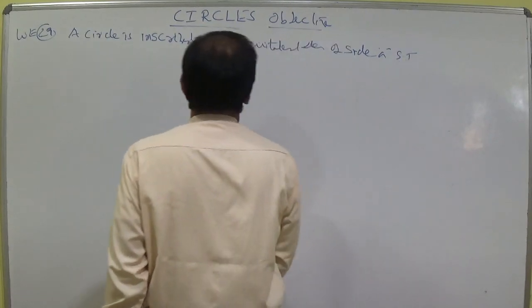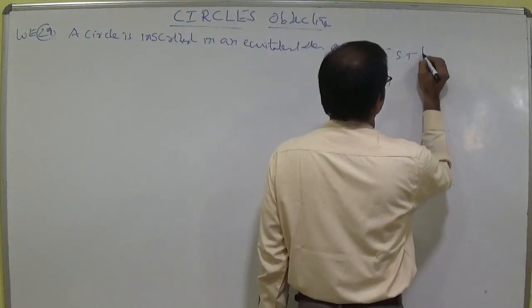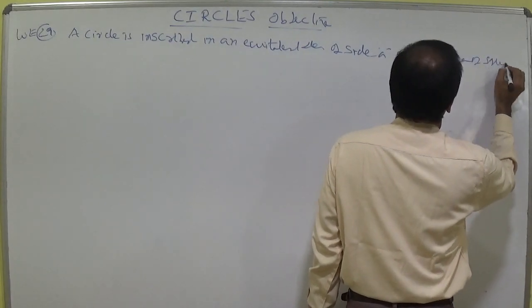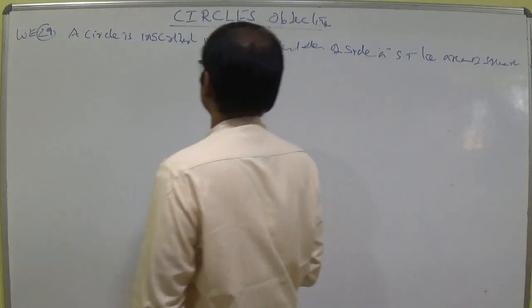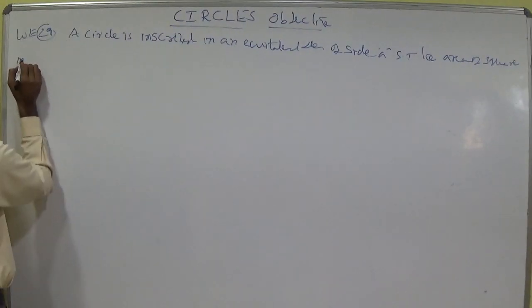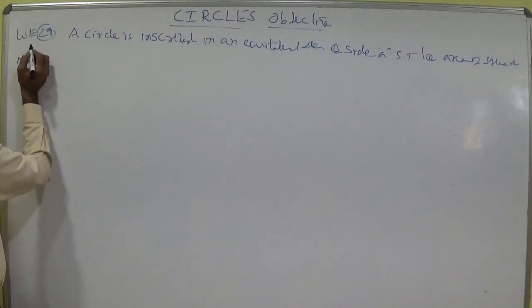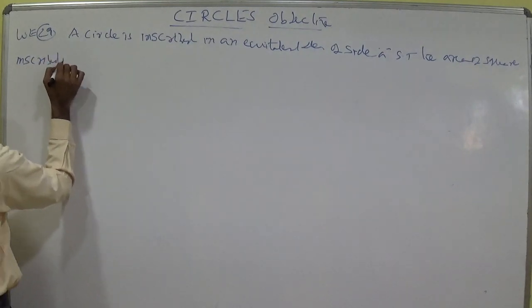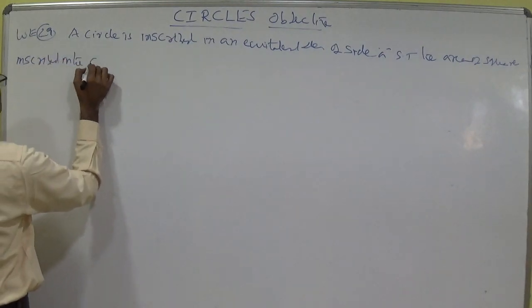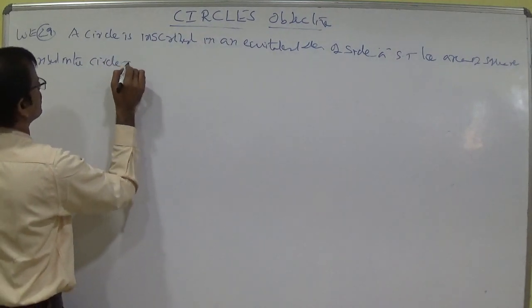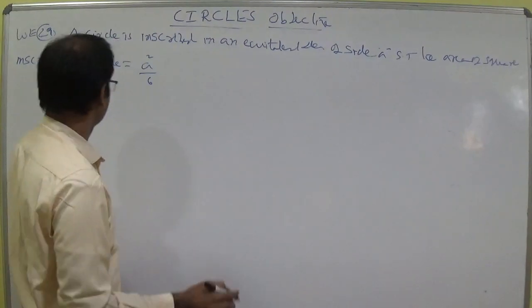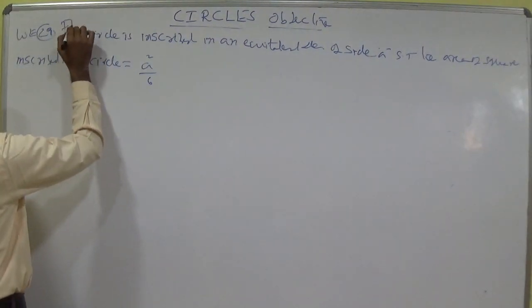Show that the area of the square inscribed in the circle is equal to a square by 6. It is an important mains question.